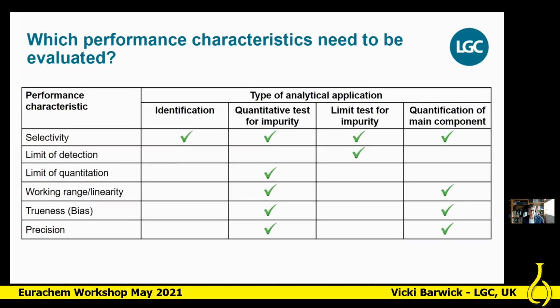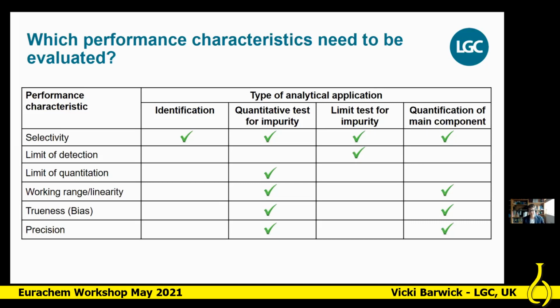So clearly one of the key aspects of actually planning the method validation study is going to be deciding which of these performance characteristics we need to evaluate. And there's guidance in the Eurachem Fitness for Purpose guide as to how you might decide which of these performance characteristics you need to evaluate, because it's not necessarily the case that you need to evaluate every performance characteristic on every occasion.